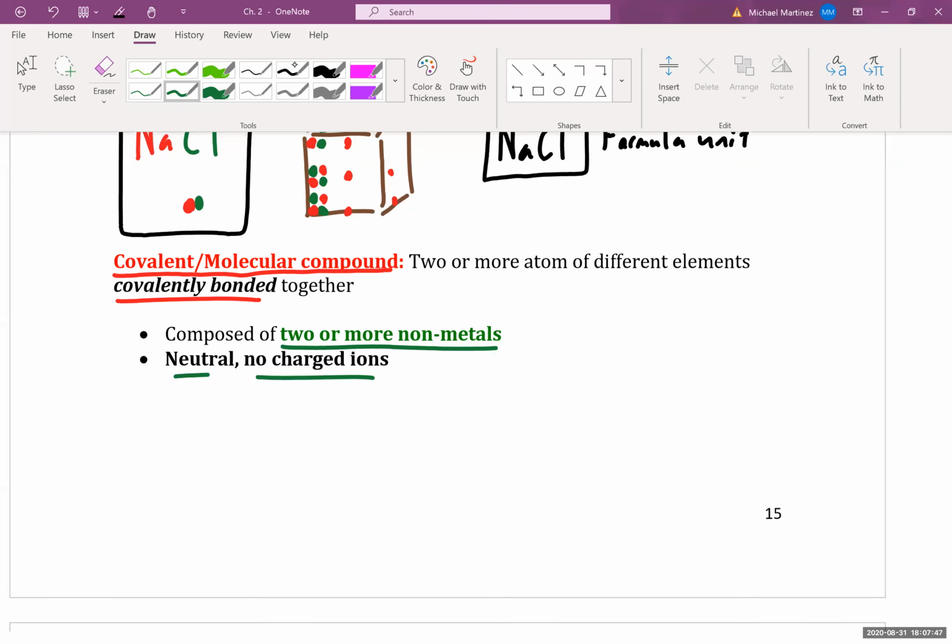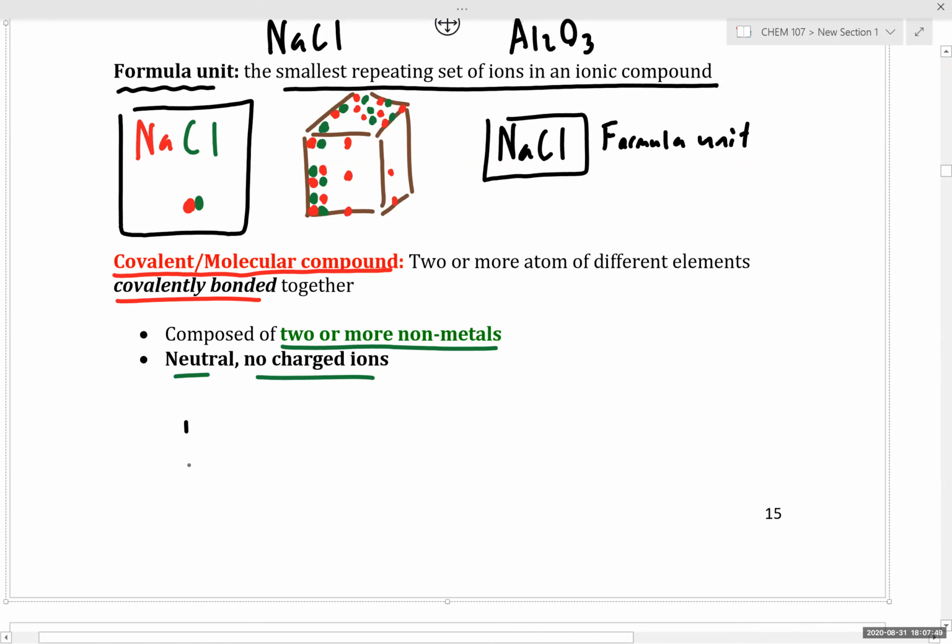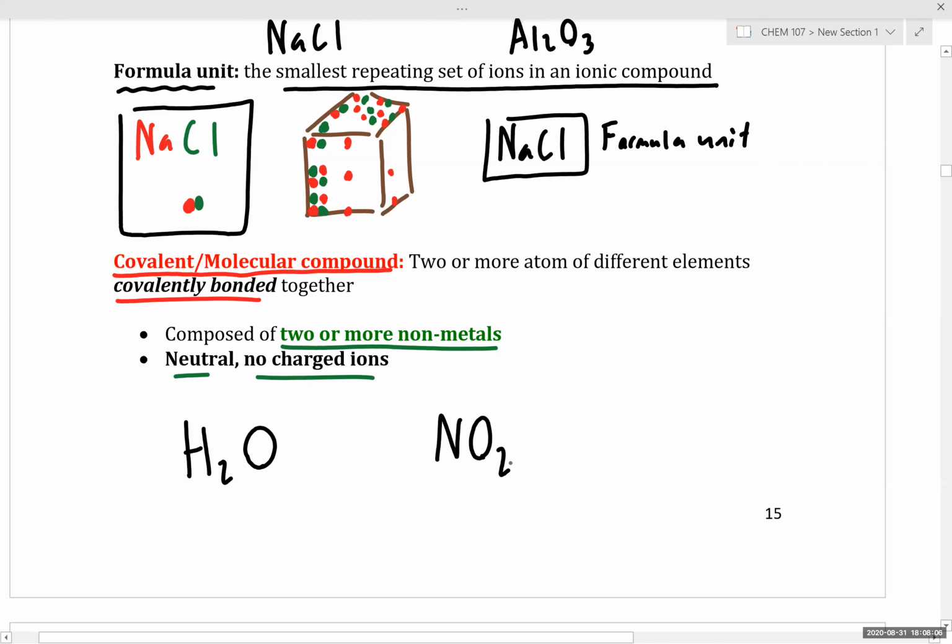Examples of a covalent or molecular compound: one example would be water, H2O. Another example would be nitrogen dioxide, or NO2. In either case, we have two or more atoms of different elements bonded together, and each of our elements is a nonmetal.